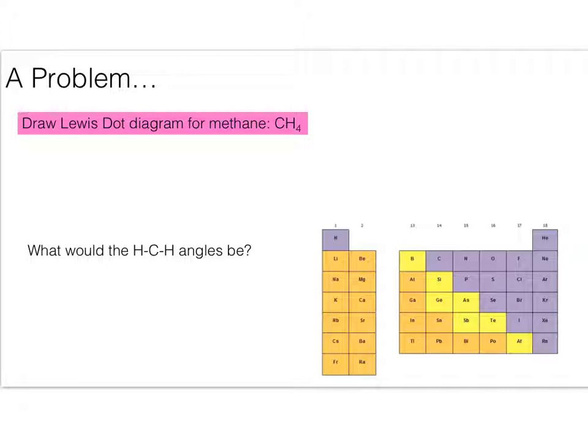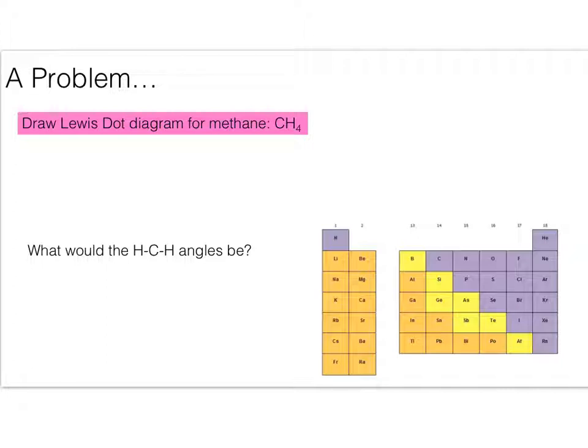Okay, so let's start off talking about molecular shape with a problem, and I mean that in the sense that there is an issue with just relying on Lewis dots to tell us what the molecular shape is going to be. So let's draw a Lewis dot diagram, all of the dots that form the covalent bonds for methane.